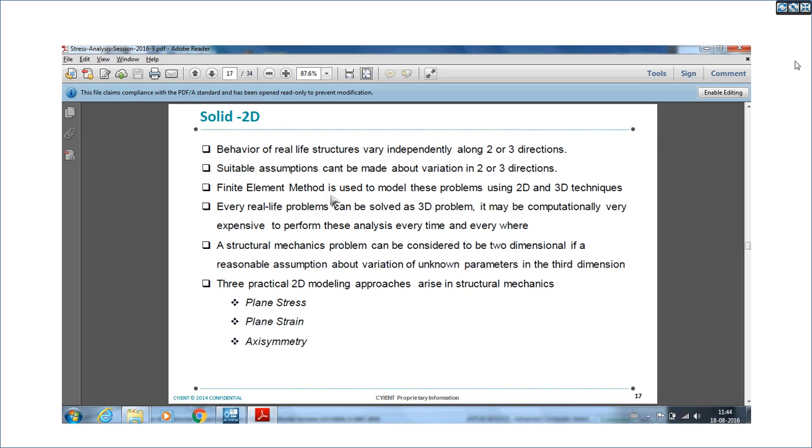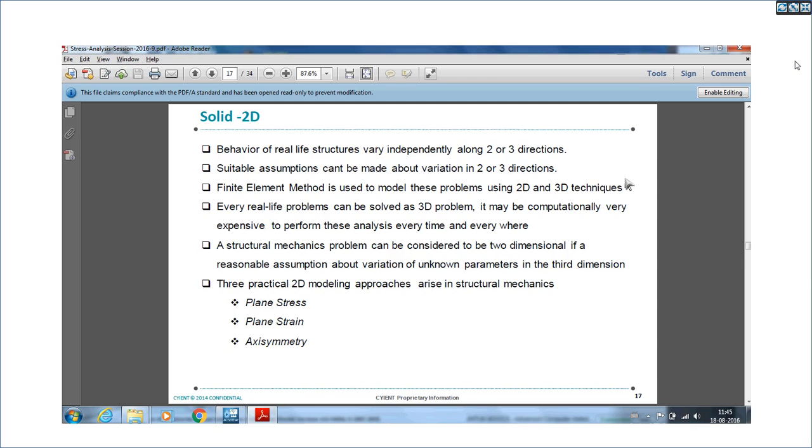Now coming to solid 2D. This behavior we already discussed in our model idealization, just I want to touch base again. Behavior of real structures varies independently along 2 and 3 directions. Suitable assumptions can be made about variation in 2 or 3 directions.